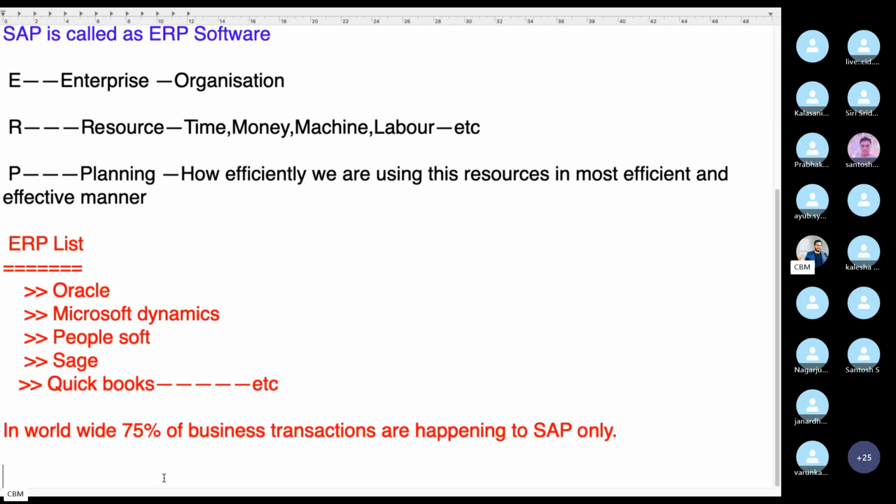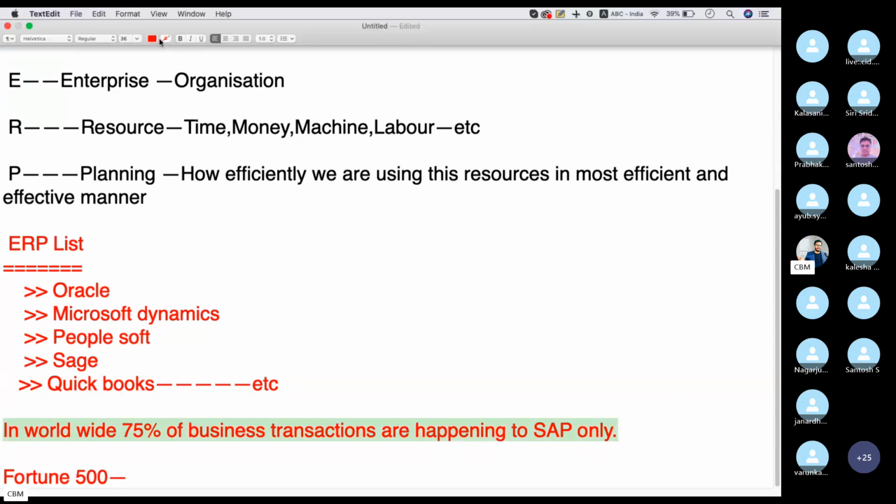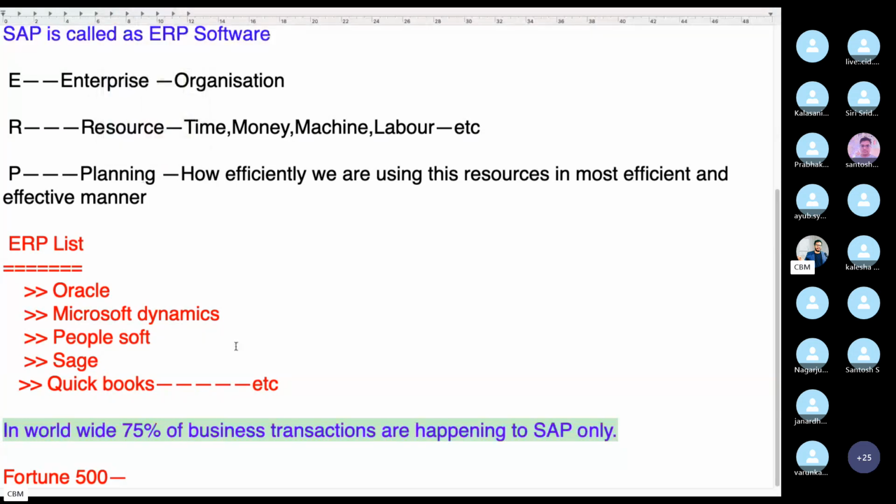If you look at the topmost companies in the market, what companies are there? Fortune 500 companies. These are the topmost companies in the market, right? Like Accenture, TCS, Infosys, IBM.